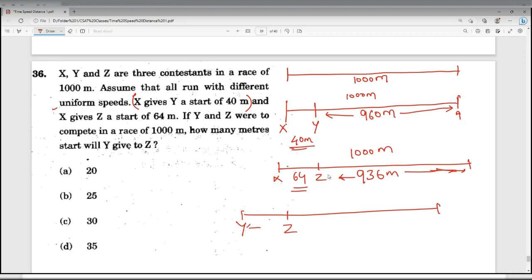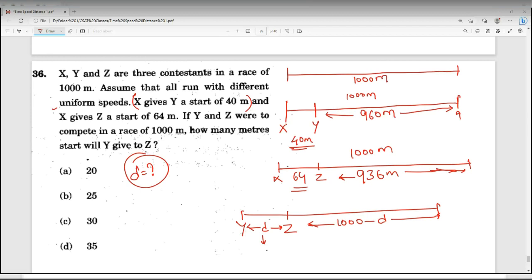Let this be D, and then this be 1000 minus D. We need to calculate what is D. So I hope you have understood. These are long questions. If you don't understand, please ask right now, so that I can clear your doubt and move to the next part.